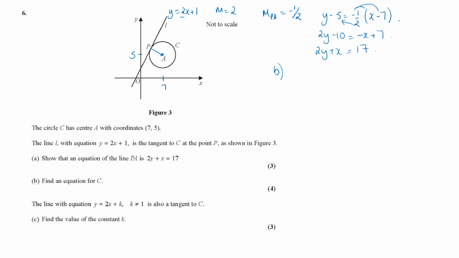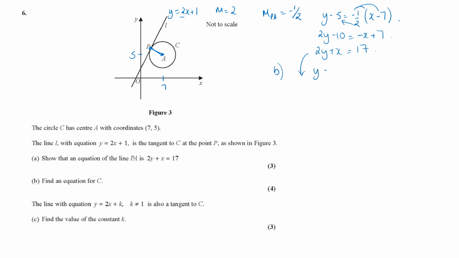Okay, part B, we're being asked to find the equation for the circle, which is C. So we know it goes through the centre 7, 5. So what we need to do is find out how big the radius is. So we know the equation of this line being 2y plus x equal to 17. Where do they meet at P? So we just rearrange this equation to get y by itself.